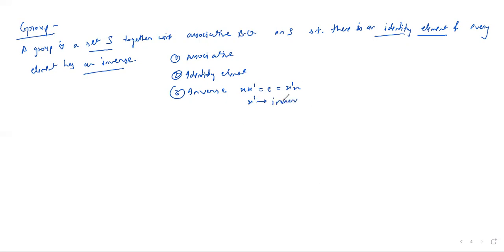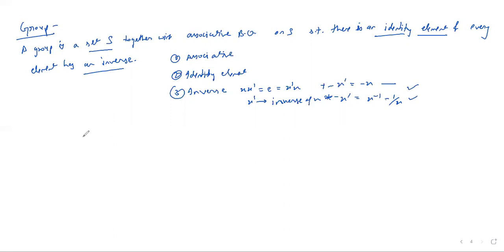For the addition part, x prime equals minus x, which is negative of x. And for the multiplication part, x prime becomes x inverse, which is 1 by x. So this is the inverse corresponding to addition and to multiplication.